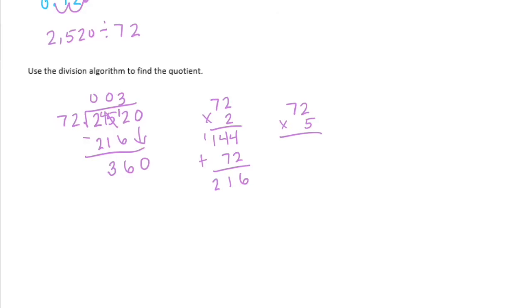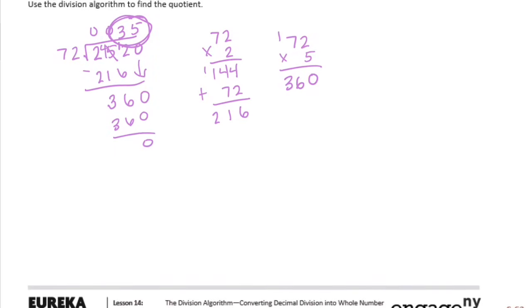Because I know times 3 was 216, so it can go in at least 4, maybe 5. 5 times 2 is 10. Carry the 1. 5 times 7 is 35, plus 1 is 36. So 360. That goes in 5 times. No remainder, so our quotient is 35. So 25 and 2/10 divided by 72 hundredths is equal to 35.